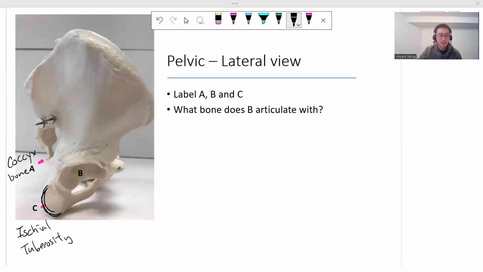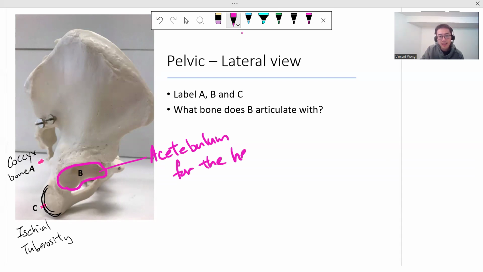We've learned all these already. We just have to recall the information, I suppose. There we have the socket for the femur. This is the acetabulum, for the head of the femur.